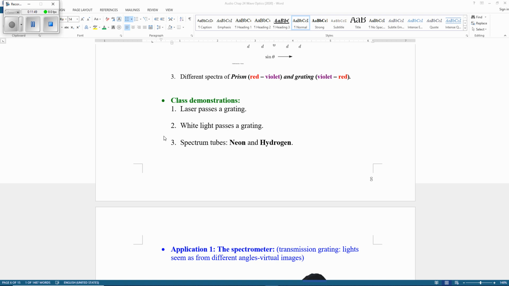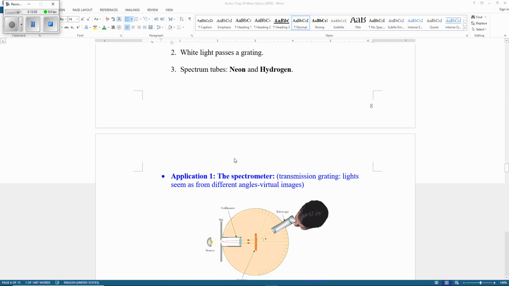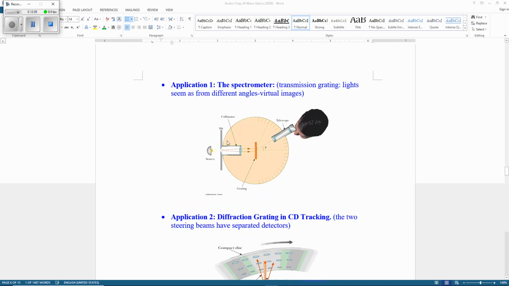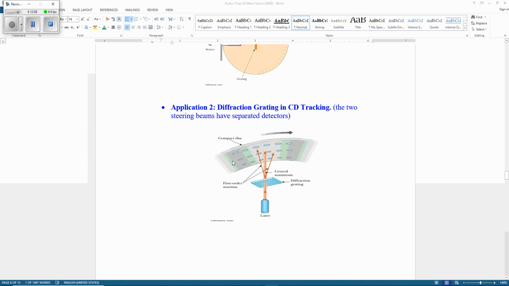So we can use the diffraction grating to check and determine the different frequencies from different atoms. When we have a lab, I'm going to give you a similar demonstration.